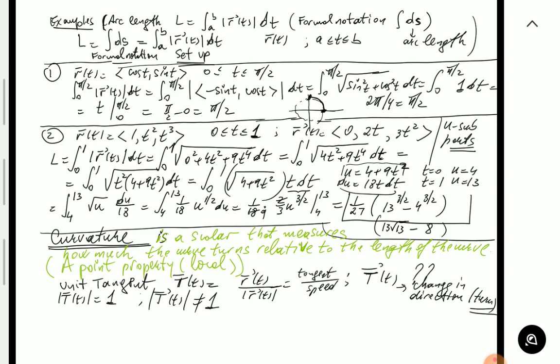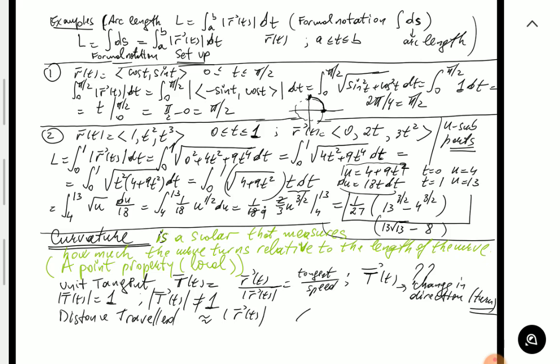And I want to compare this to what happens around that point. If I take a tiny interval around that point t, I want to compare it with how much distance is traveled around that point. Now remember, around that point the distance traveled is approximated by the magnitude of the tangent, right?